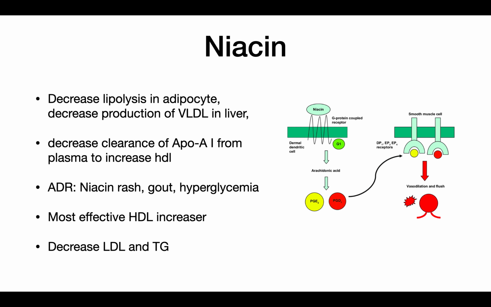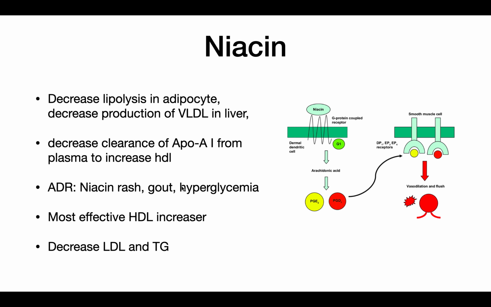Niacin is going to decrease lipolysis in the adipocytes, and in doing so, it's going to decrease the production of VLDL in the liver. It's going to decrease the clearance of ApoA1 from the plasma to increase the HDL. And the adverse drug reactions are going to be rash and gout, because there is the decreased clearance of the ApoA1 that's used to clear uric acid as well.